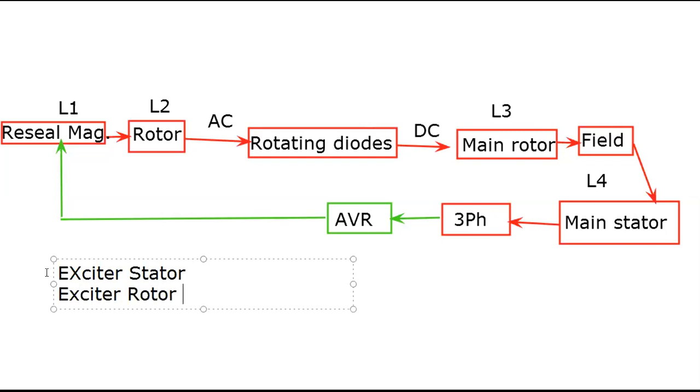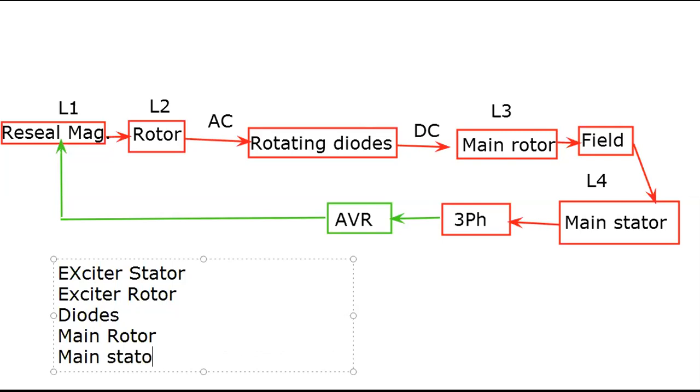Number 3, the rotating diodes. Number 4, main rotor. Number 5, main stator. Number 6 is the automatic voltage regulator.